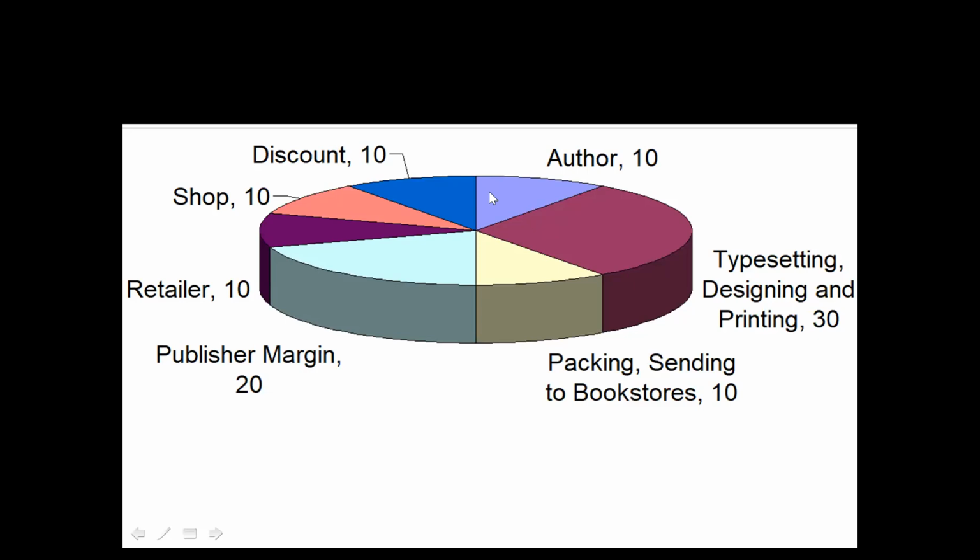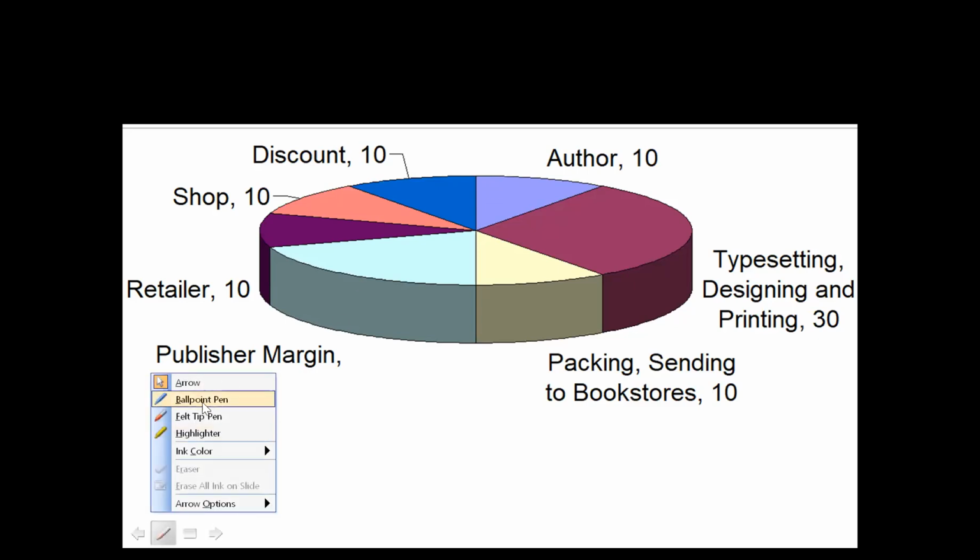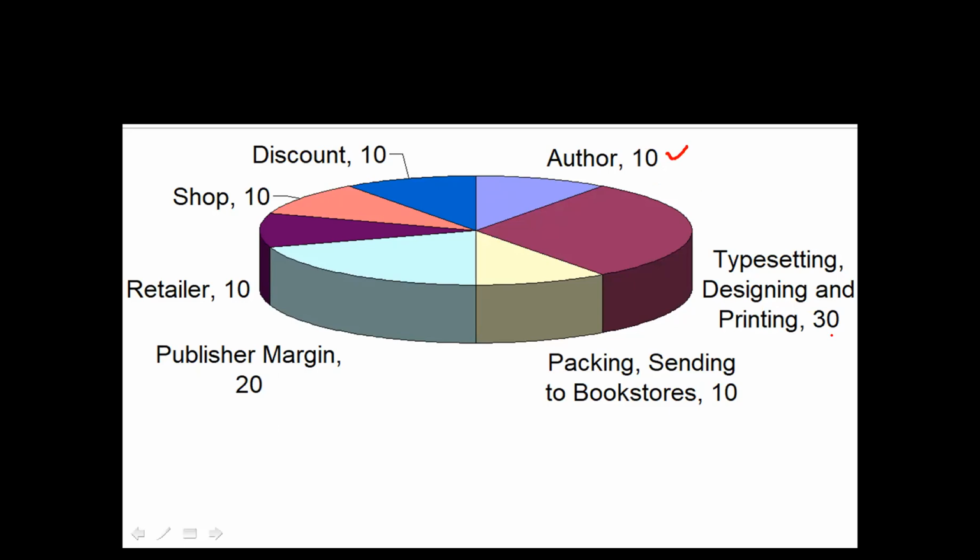So if you see here, the author gets 10, typesetting, designing and printing another 30, packing and sending to bookstores is 10, publisher margin is 20, retailer is 10, shop gets 10 and discount is 10.